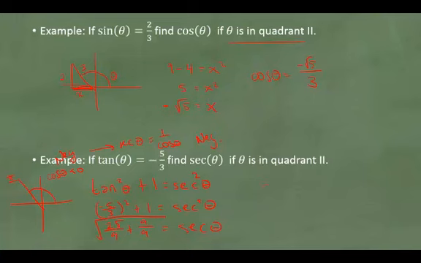So secant theta will equal the square root of 25 plus 9, which is 34 over 9, or 6 over 3, or 2. And again, secant theta should be negative.